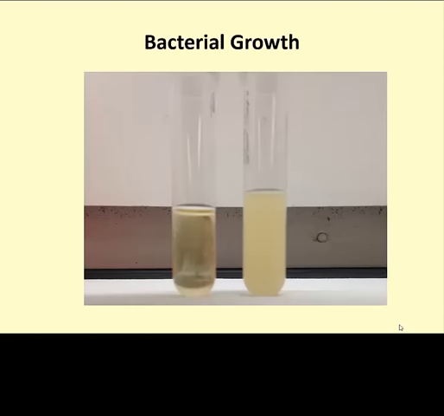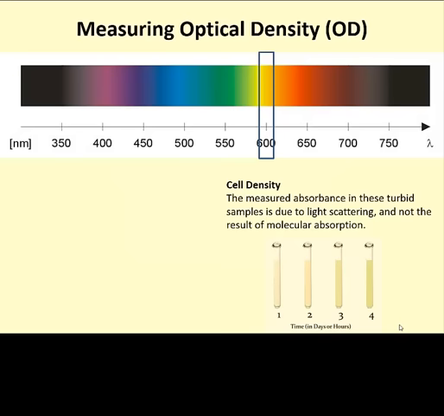Shown here are 2 glass tubes with bacteria. The left tube shows LB media for a bacteria culture, and on the right, the same media after several hours of incubation. It looks turbid, which is an indicator of bacterial growth. So how can we estimate the number of bacteria in a sample such as this? One method is by using spectroscopy, measuring the optical density at 600 nanometers.